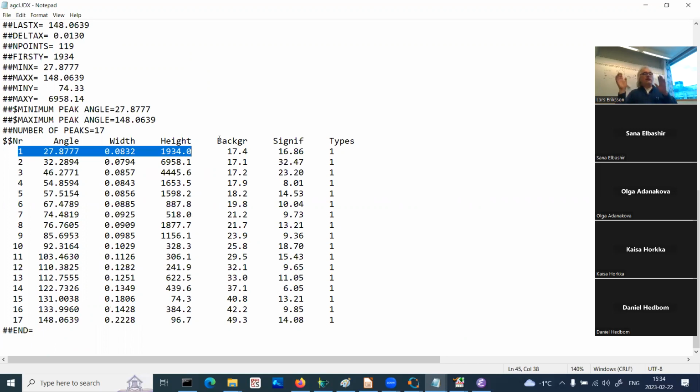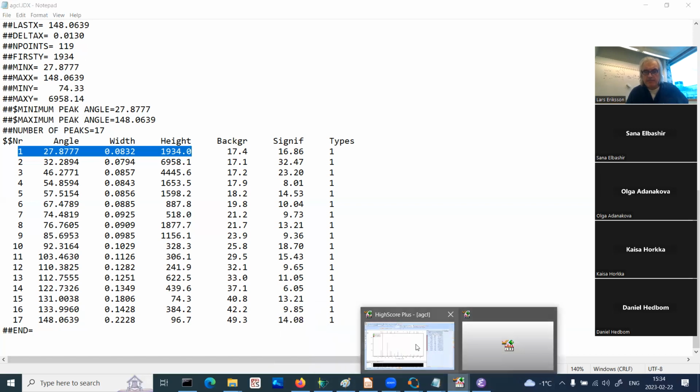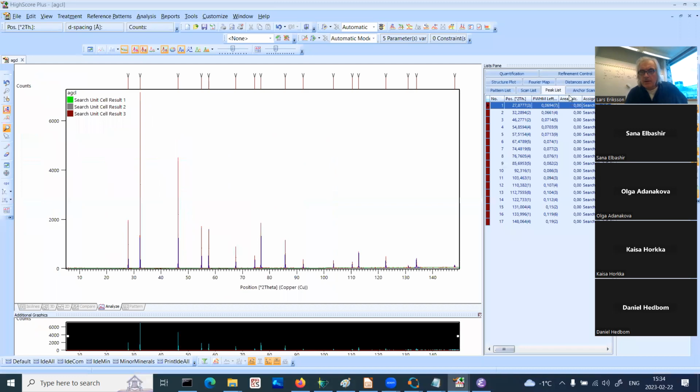And if you have the width and the height, you can estimate the area. And I think you could also, why didn't we get the area? I think we can get the area. Why didn't it calculate the area?